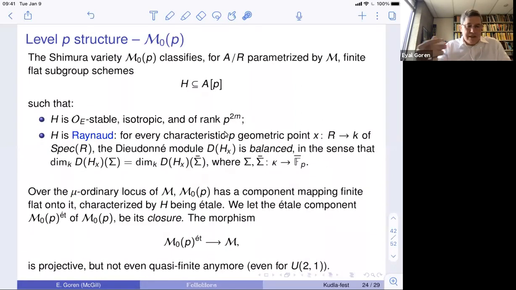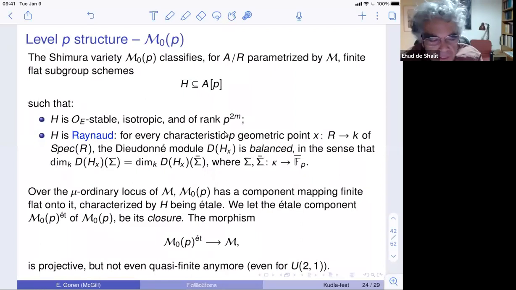The reason is the same as what Michael Rapoport mentioned this morning: you have to put such conditions to get a flat moduli problem. Otherwise, you'd get extraneous components in characteristic p, some abelian varieties that cannot be lifted to characteristic zero. So you throw them away by introducing this Raynaud condition. This is necessary in the unitary case, but in the Hilbert modular case, for example, there's no need to do that.